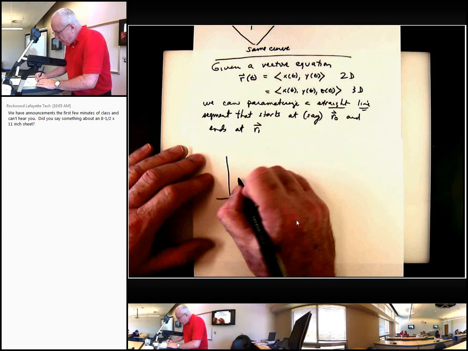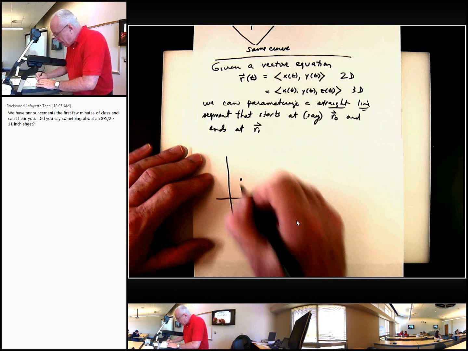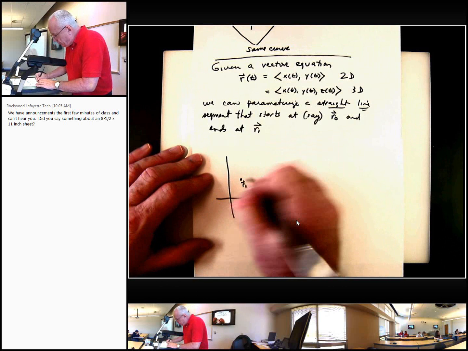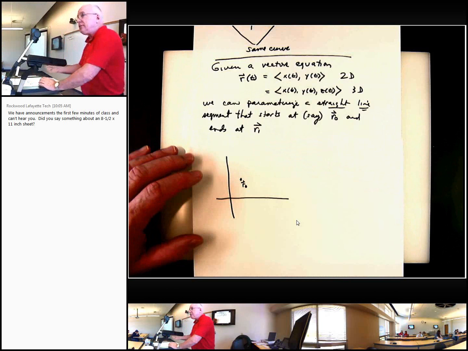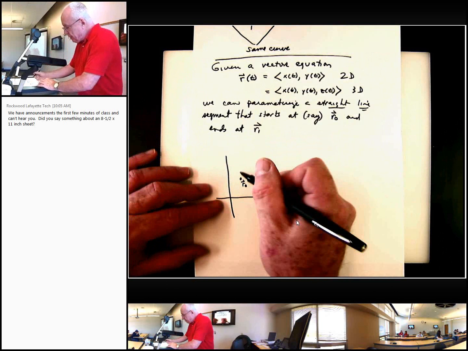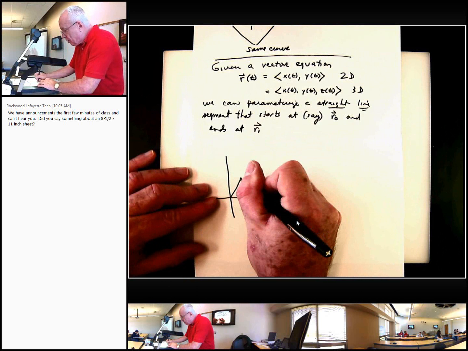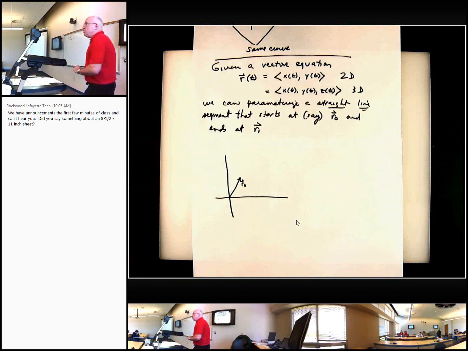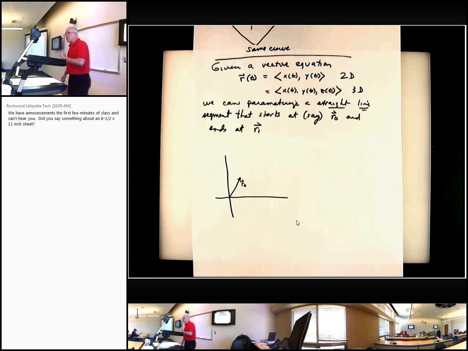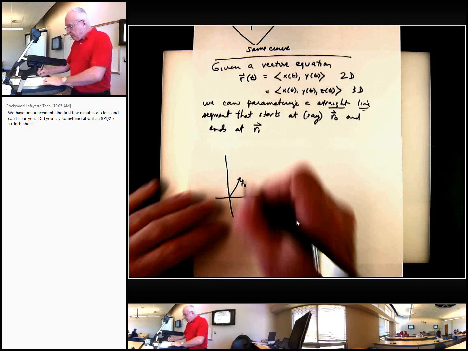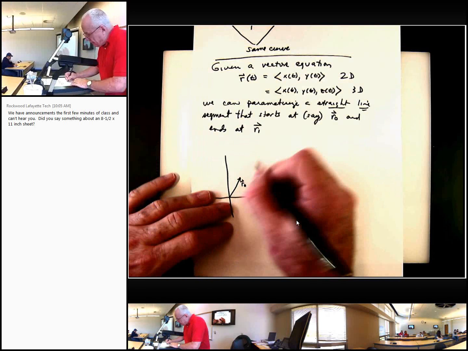Say right here we have r sub 0. Basically we're looking at a vector that starts at the origin and points to that point on the xy plane. This is where our straight line starts.